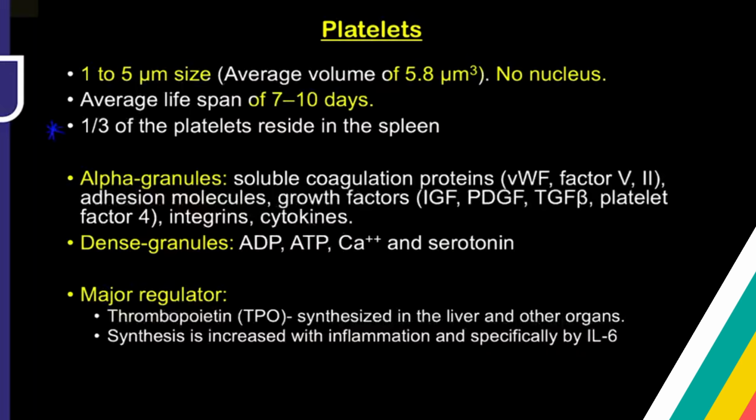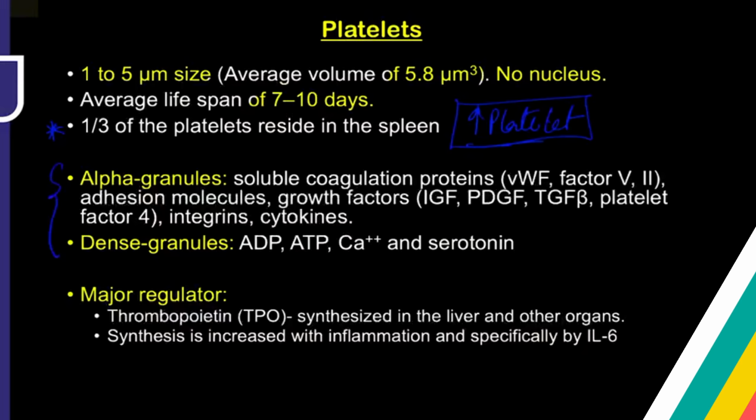Of the total platelets present in your blood, 1/3 of the total platelets will remain inside the spleen. That's why whenever you remove the spleen, the platelets which were inside the spleen will come to your blood, and there will be an increase in platelet count in your blood. That's why it is said that splenectomy leads to thrombocytosis, right?